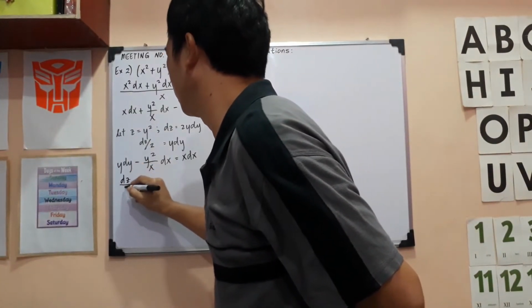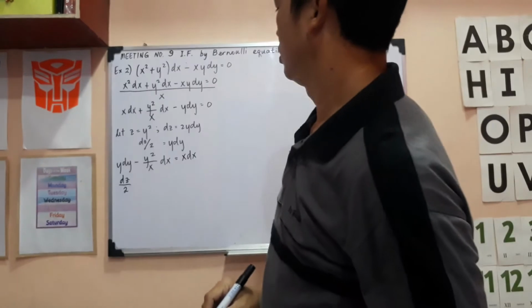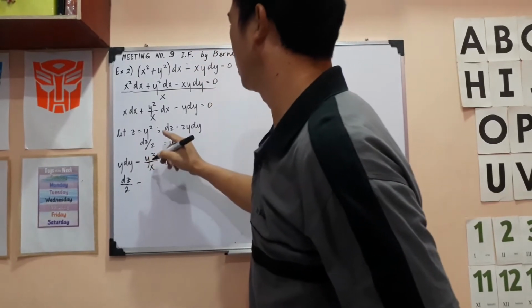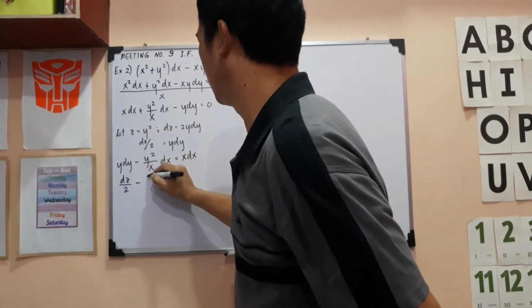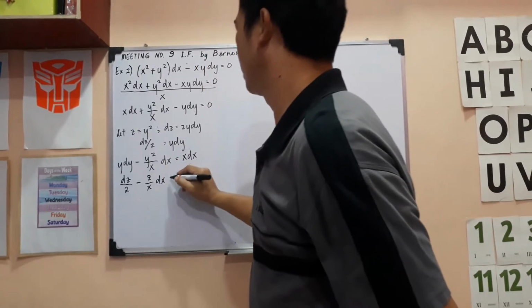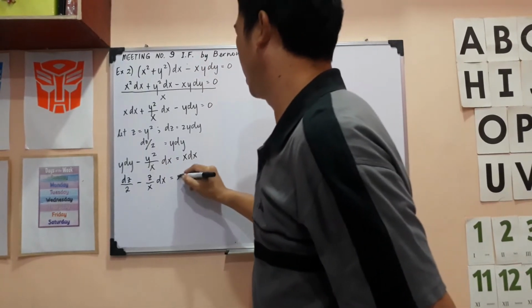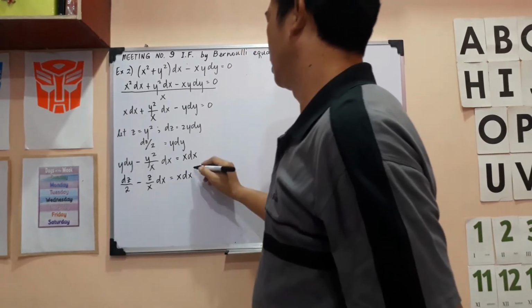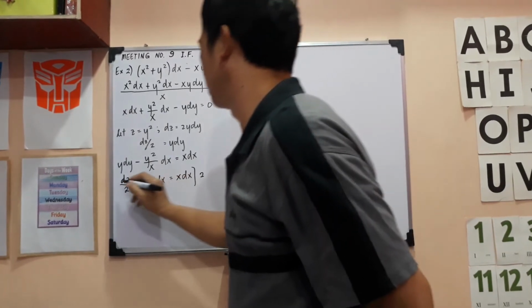So, ano yung y dy? dz over 2 minus, what is y square? Z all over x dx is equal to x dx. Now, I will multiply this by 2.